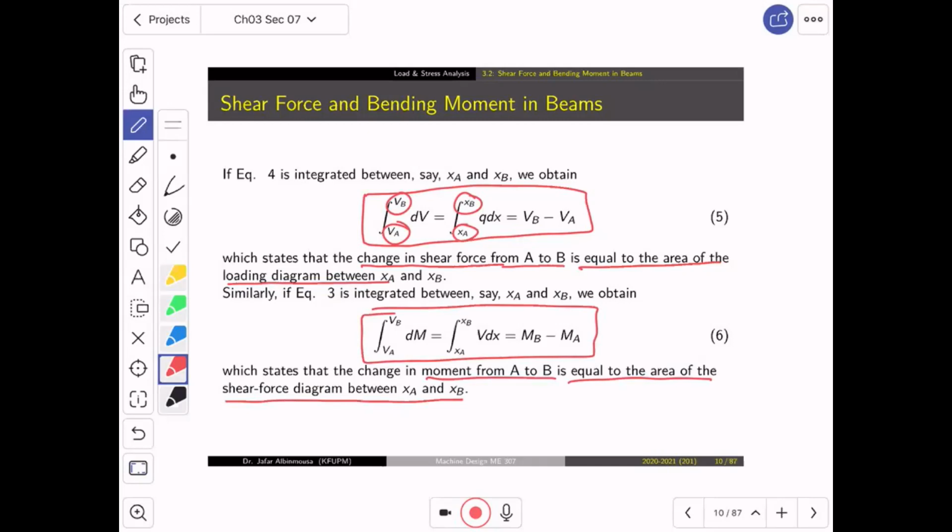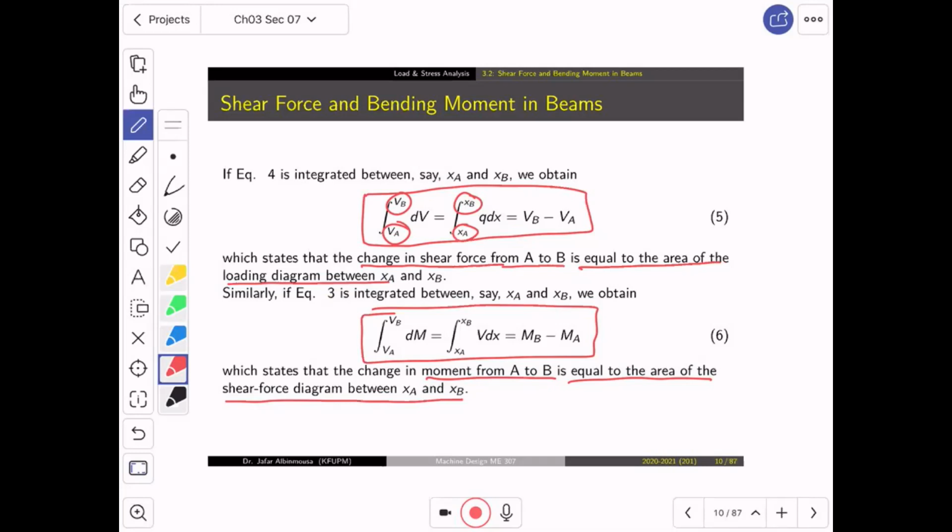That's what I want you to know. If you know this, you're good. I don't want you to remember the equation. I just want you to remember that if you have the load diagram, then the change in the shear force is the area under the load diagram, and the change in the moment is the area under the shear force diagram.